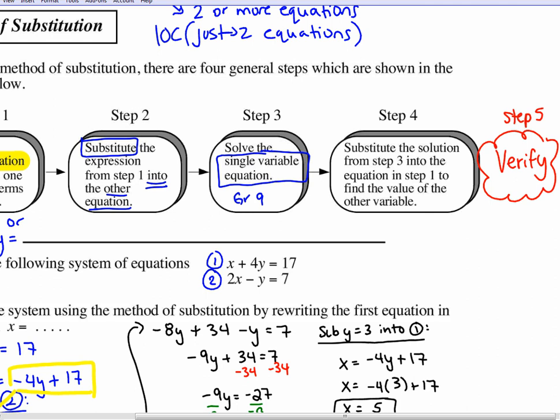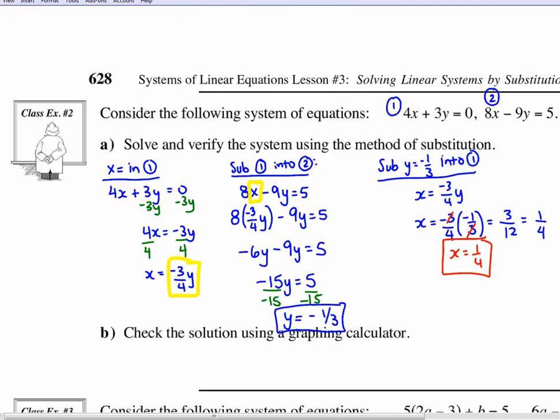If it's a written question, it's always going to say solve and check. Here's the beauty about this stuff. You should be able to walk away from that question knowing if you got it 100% correct or if you made a mistake. It's either going to check correctly or it's not going to work.